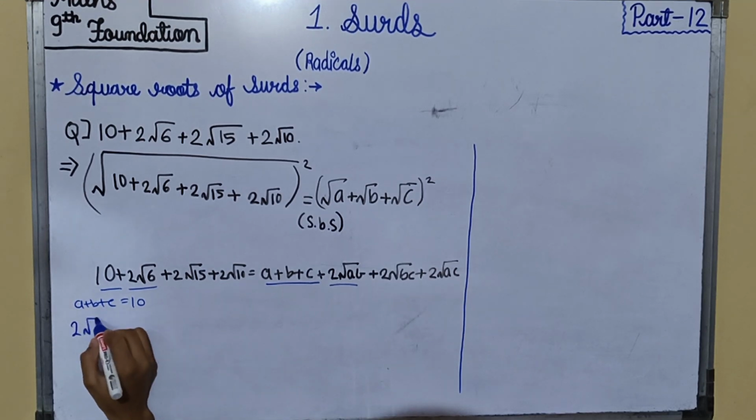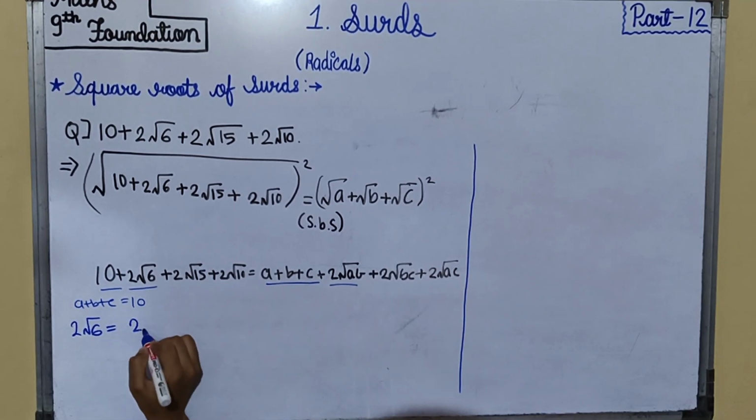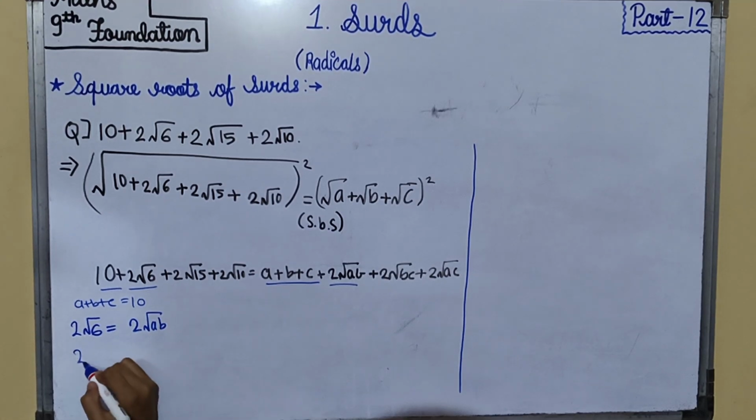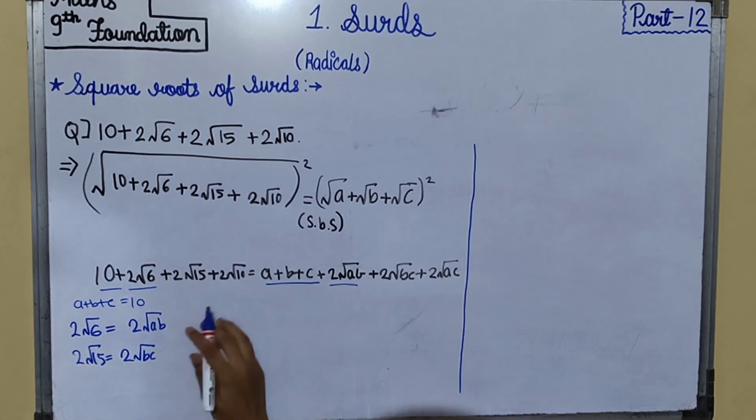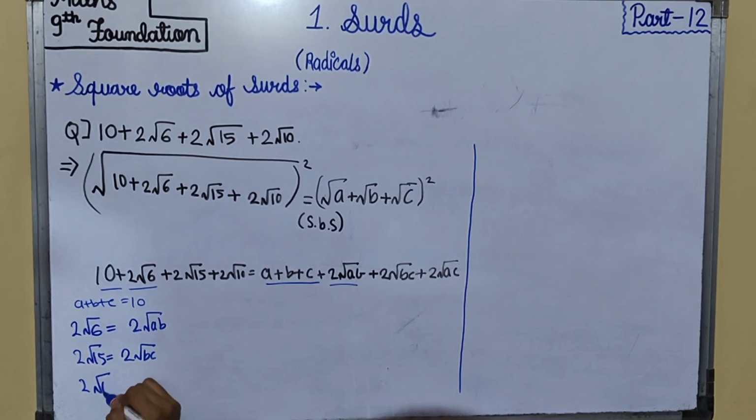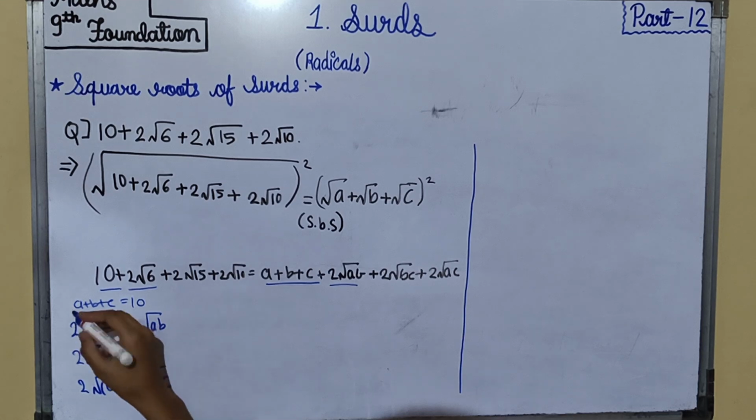So we will take 2 root 6 equal to 2 root ab, 2 root 15 equal to 2 root bc, and 2 root 10 equal to 2 root ac. Like this we have to write.